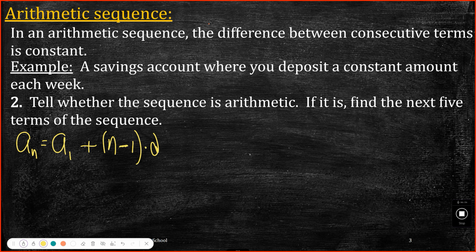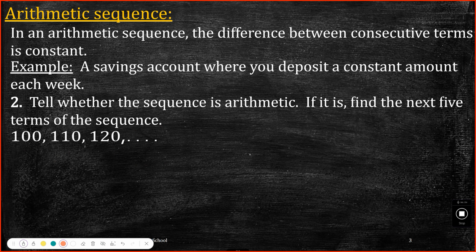You do have to have a beginning term, but the most important will be a common difference, which is either a common amount added or a common amount subtracted. It is a given that in any sequence we have an A1. We do have A1.